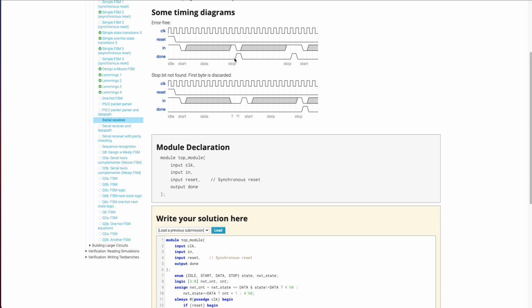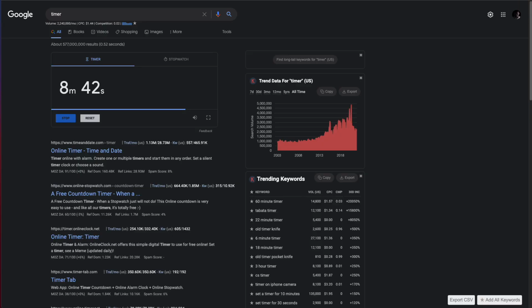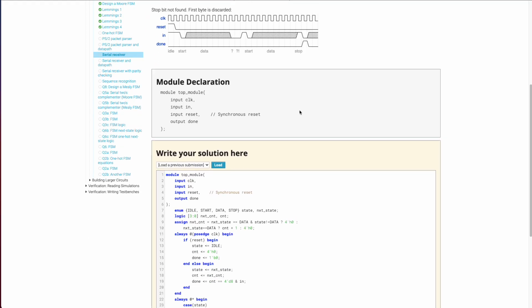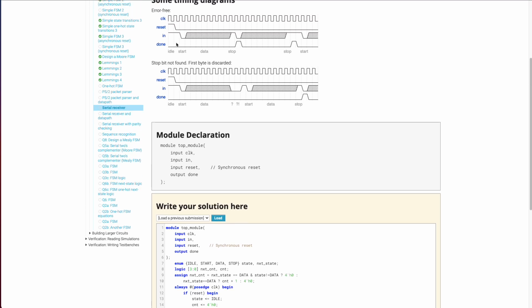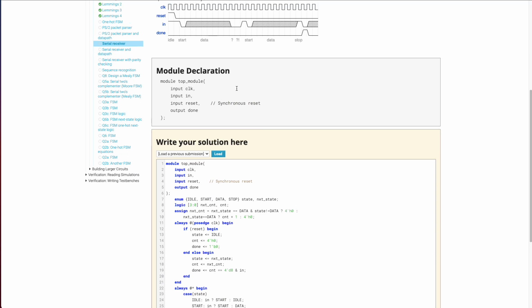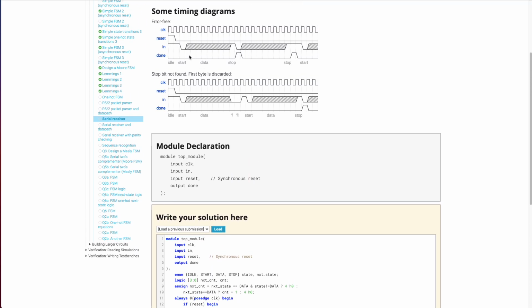Hmm. This is tricky because 0, 1, 2, 3, 4, 5, 6, 7. Eight.